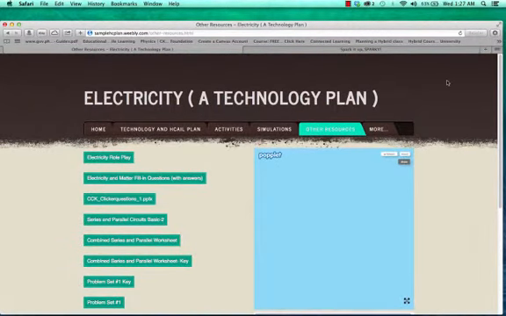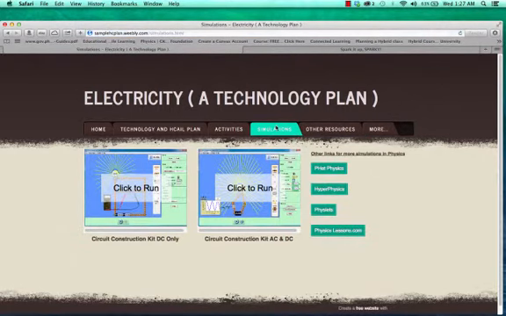Other resources available in this Weebly also include the simulations from PhET. These 2 simulations are fully downloaded from PhET. We have here the Circuit Construction Kit DC and the Circuit Construction Kit AC and DC. It also offers other links for more simulations in physics.